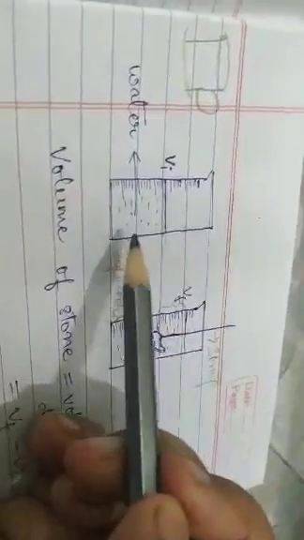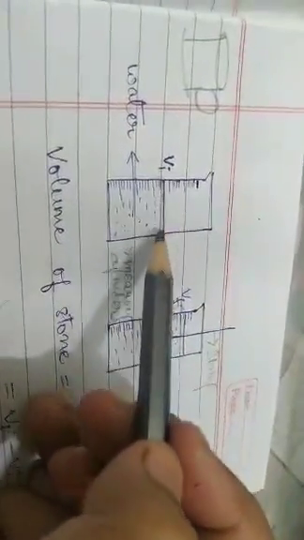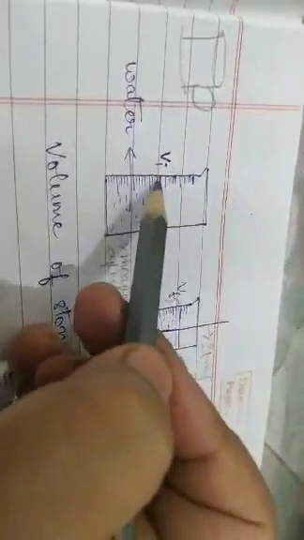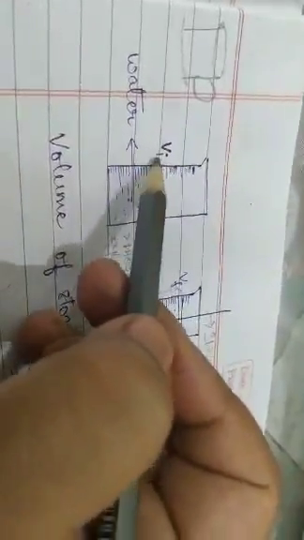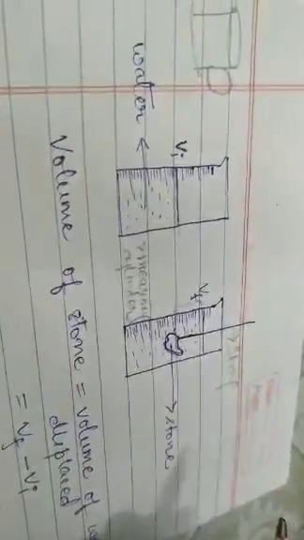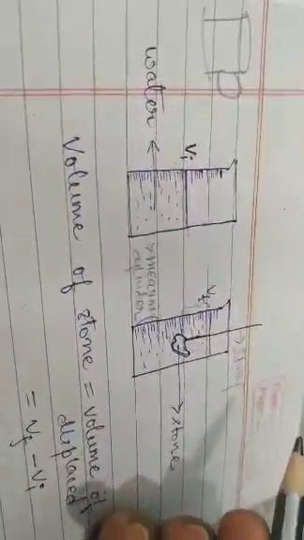We measure the volume of water from the measuring cylinder. This is the initial volume, and I have written it as VI. Then I have this stone, and it does not have a fixed shape, so I don't have any formula for it.